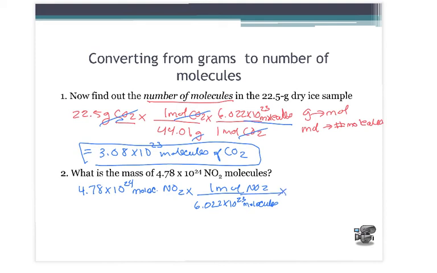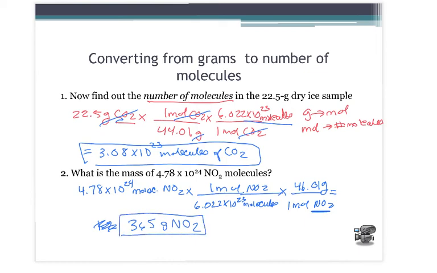But we don't want to stop there because we want the mass. So we know for every 1 mole of NO2, there's 46.01 grams. We use the formula mass for nitrogen dioxide that we calculated. And this gives us 1.2365 grams of NO2.